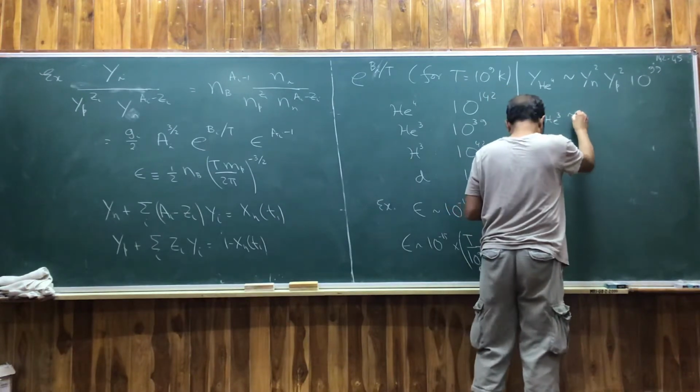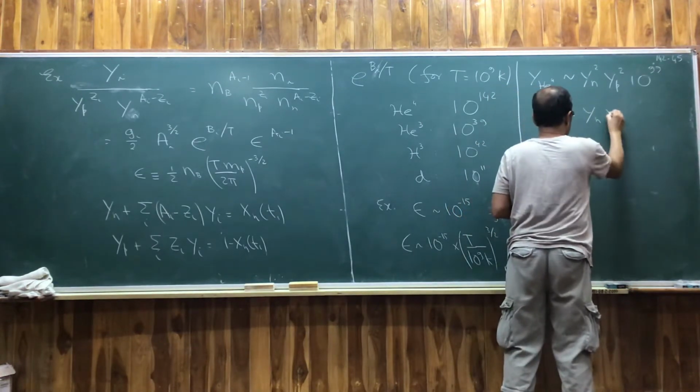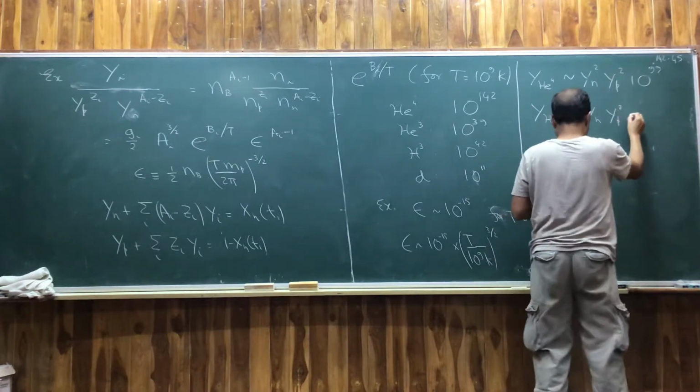Y_He3 can be calculated similarly. It's Y_n Y_p squared times 10 to the 9.